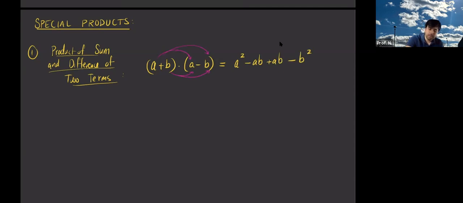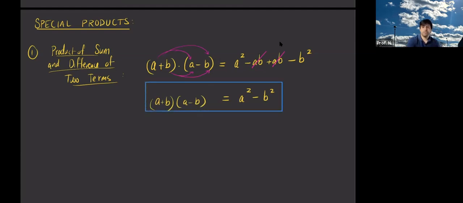Now, what do we notice about the negative ab and the positive ab? They cancel. And so what I get is a squared minus b squared. And that is a special product. When we talk about factoring, this is also known as the difference of two perfect squares.